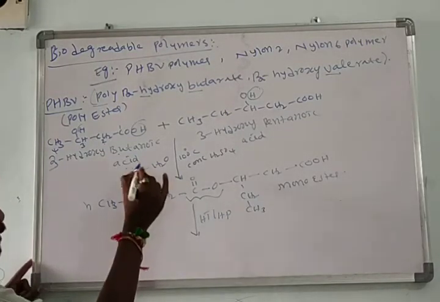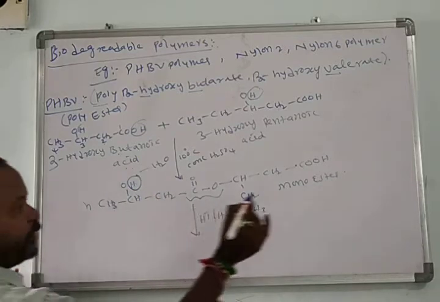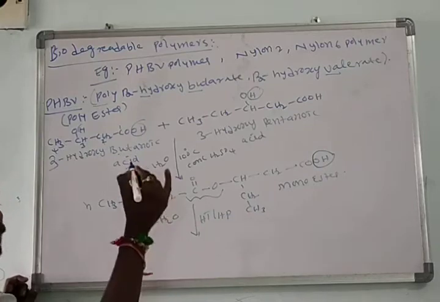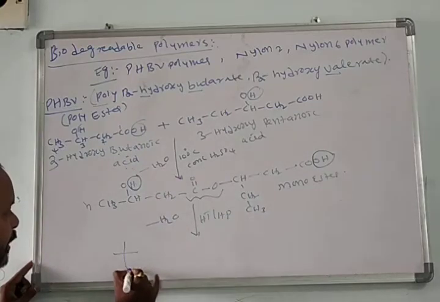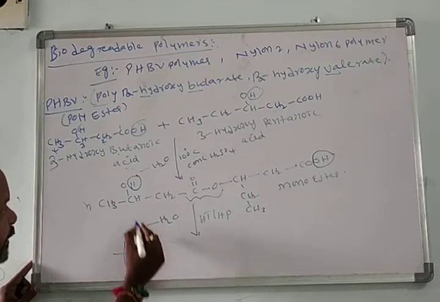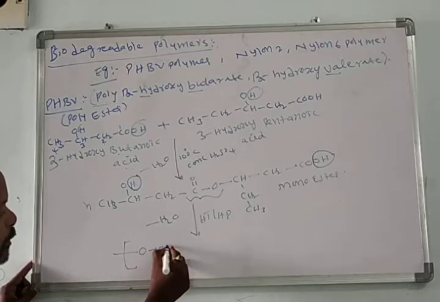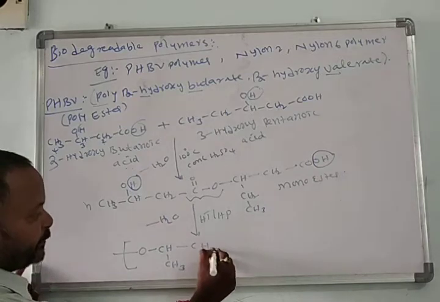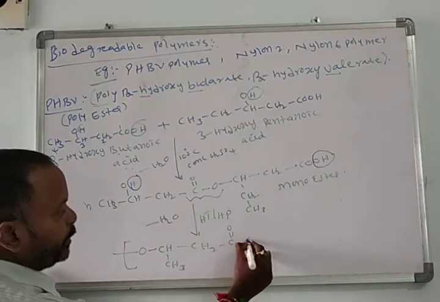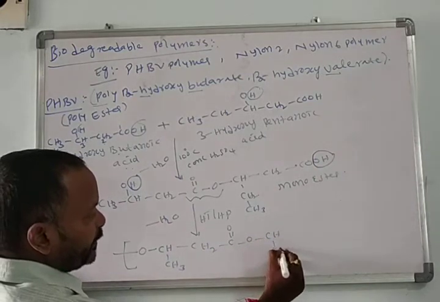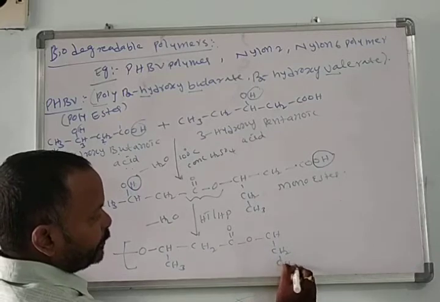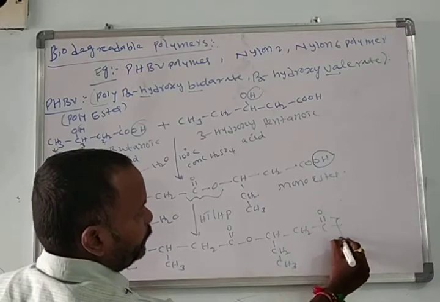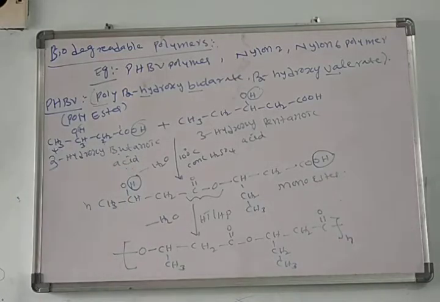It loses the water molecule like this: H from the OH group, OH from the COOH group, losing a water molecule and forming O, CH, CH3, CH2, C double bond O, CH, CH2, CH3, CH2, C double bond O, taken n times.